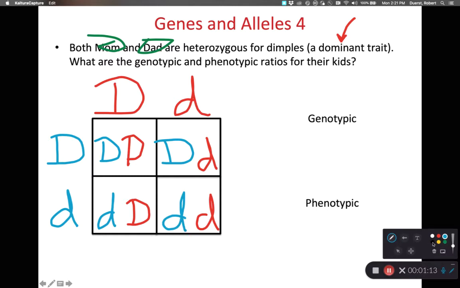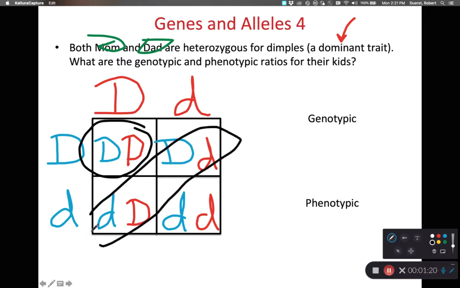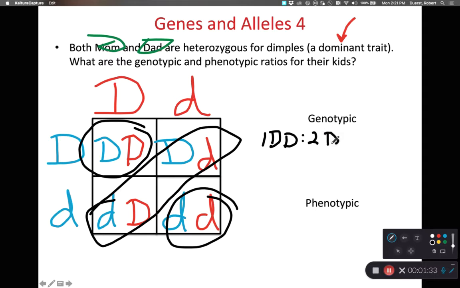So as we look at these genotypic ratios, we have homozygous dominant, we have heterozygous, and we have homozygous recessive. From a genotypic ratio perspective, we have 1 capital D capital D, homozygous dominant. We have 2 heterozygous, and it doesn't matter which you list first, but by convention, when we're working with heterozygotes, we list the capital or dominant allele first.